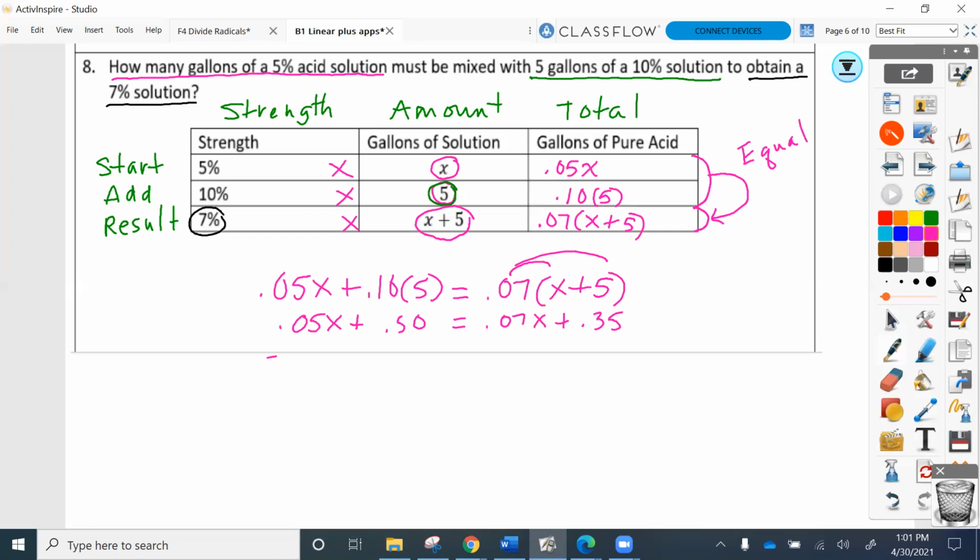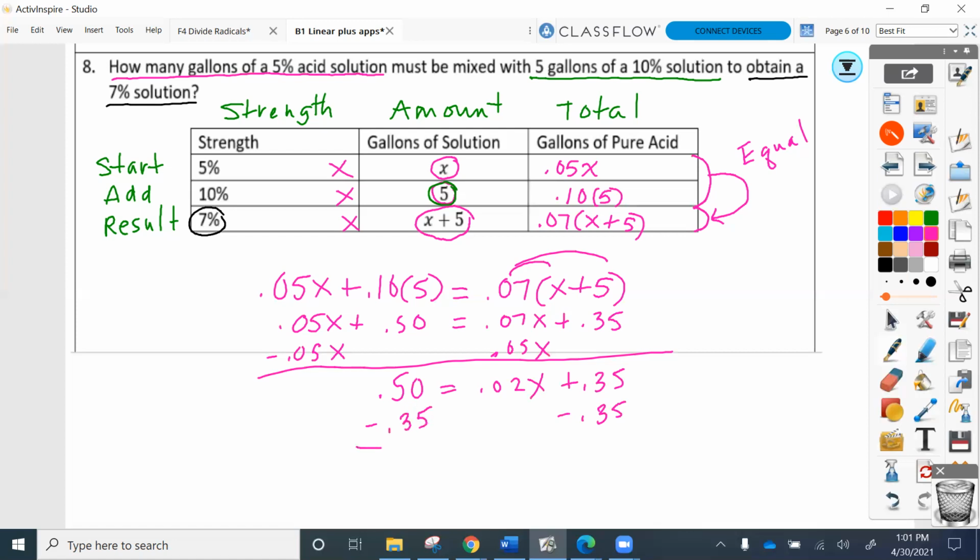So I guess I would subtract 0.05x, to get 0.50 equals 0.02x plus 0.35. And then subtract 0.35 from both sides of the equation to get 0.15 is equal to 0.02x. I'm going to divide both sides by 0.02. We'll get x is equal to 7.5.